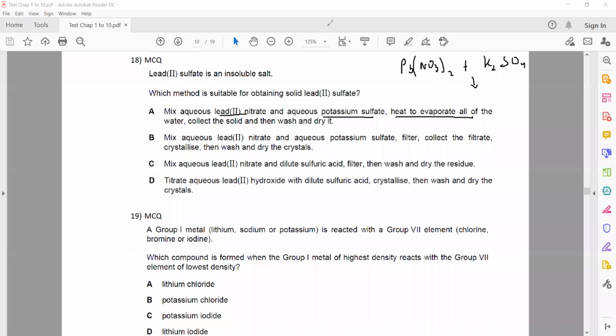Why don't we use evaporation? Because when you mix the two salt solutions, the moment you mix them, it results in the formation of an insoluble salt. So you will have a precipitate.